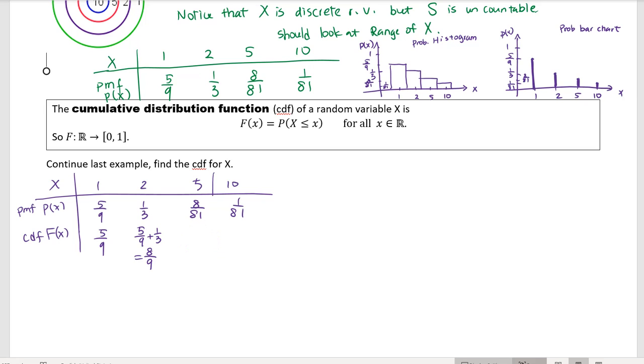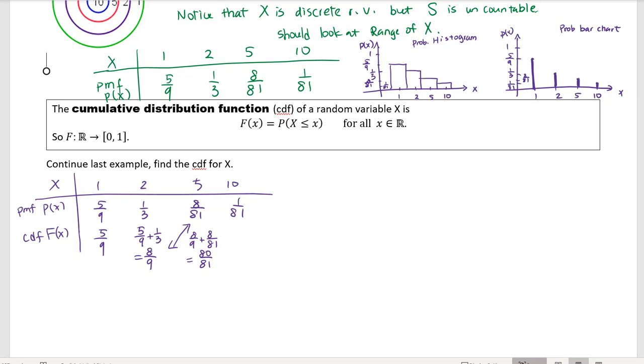Okay, how about this one? This means you should add all the probabilities before and equal to this point, 5. So you could add those 3 numbers, but to make it easier, because this number is already all the probabilities before that, you actually just add those 2 numbers together to get this. So you get 8/9 plus 8/81, and the answer is 80/81.